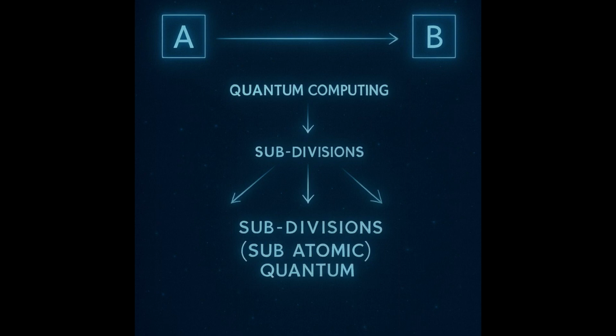If we look at the diagram, a traditional computer would be able to decide between A or B. But when we start looking at quantum computing, it's able to decide between options on the way between A or B. My understanding of quantum computing is that if you had, say, a light switch, the standard light switch, which is the computing we have now, you can put the light on or off. And with quantum computing, you can use the light switch to dim the lights to whatever level you want.